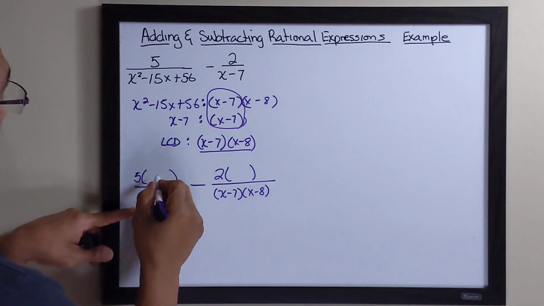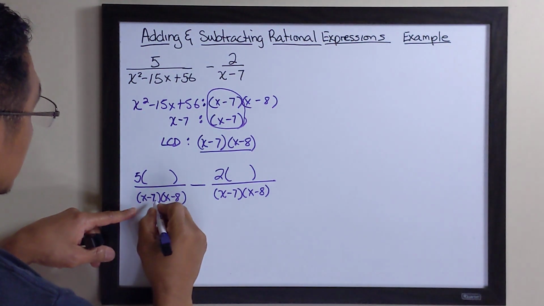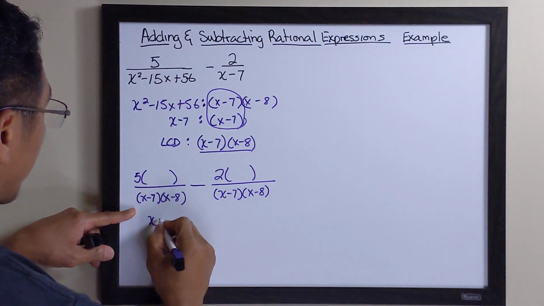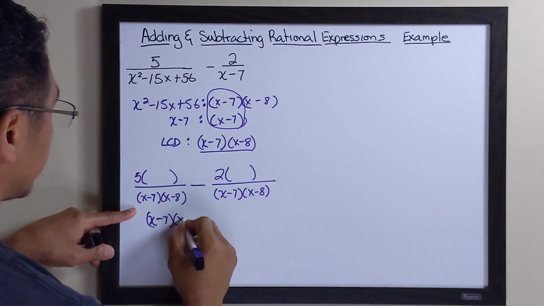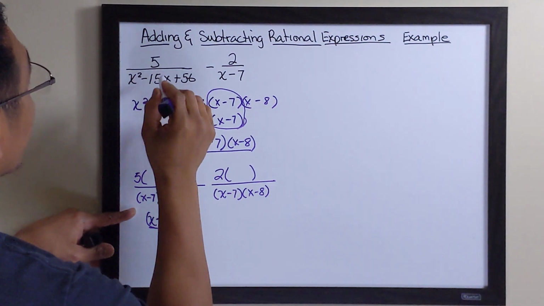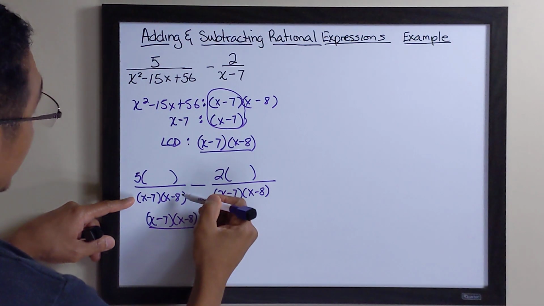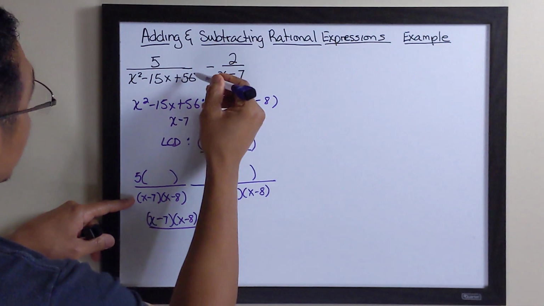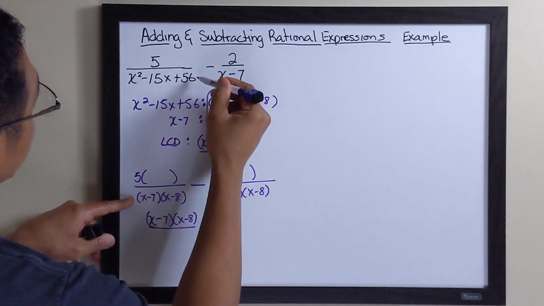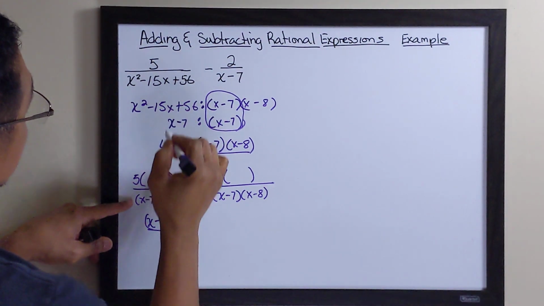To get the number here, I divide the new denominator, which is x minus 7 times x minus 8, by the old denominator, which is x squared minus 15x plus 56, the factored form of this.